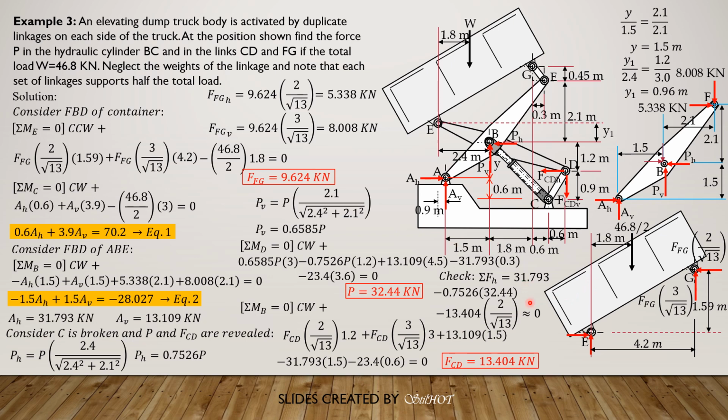So computing this value, that is almost 0, so that checks. So I will leave the other checking, summation of forces in y, and it must also be almost 0, to validate these 3 answers.